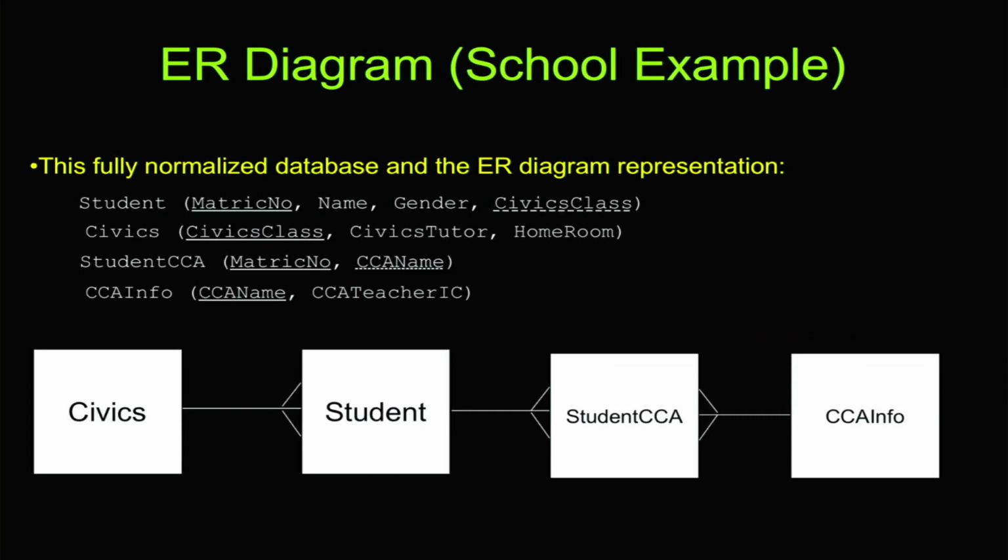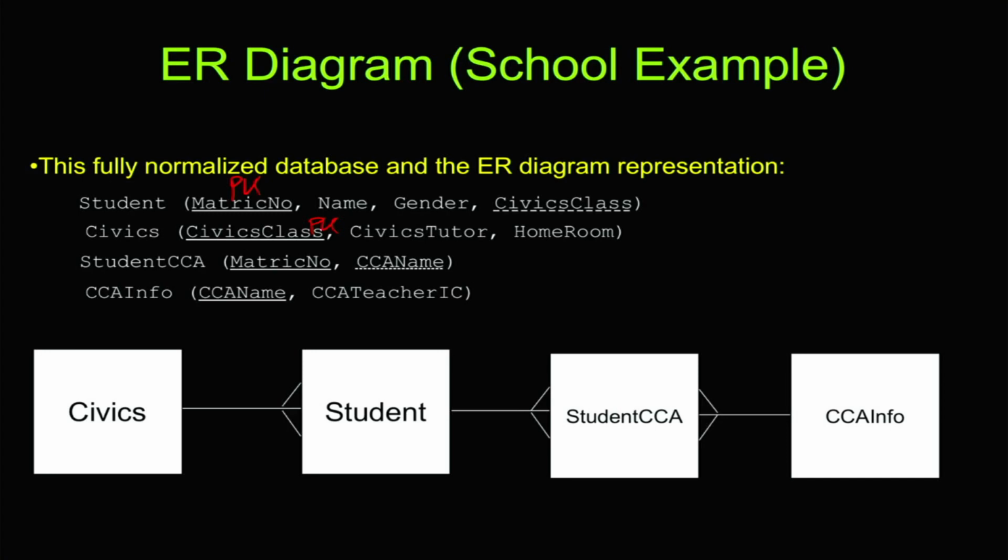Again, we can also write it out fully now. Once we have obtained our ER diagram, then we can start to think about what the various attributes in each table are. Of course, we can identify that in the student table, the matrix number is a primary key, and in the civics class table, the primary key is your civics class.